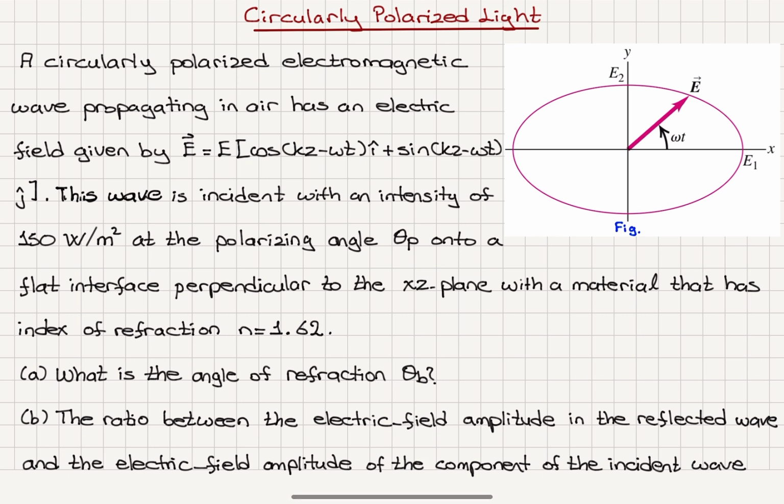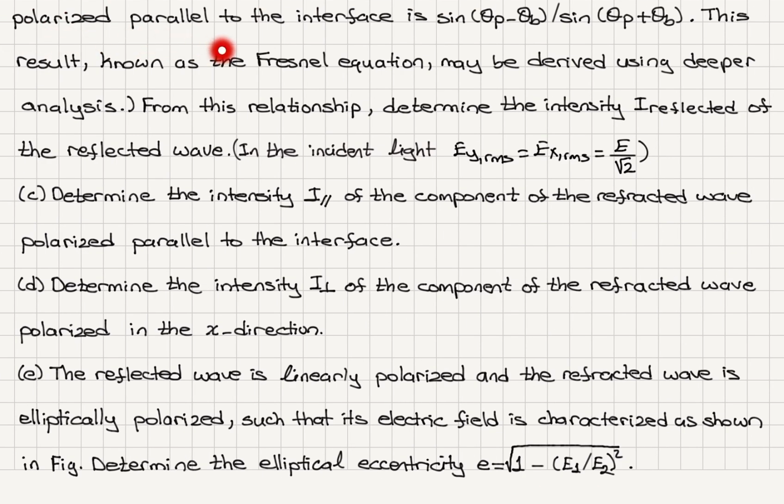Part B, the ratio between the electric field amplitude in the reflected wave and the electric field amplitude of the component of the incident wave polarized parallel to the interface is sine of theta p minus theta b divided by sine of theta p plus theta b. This result, known as the Fresnel equation, may be derived using deeper analysis. From this relationship, determine the intensity of the reflected wave.